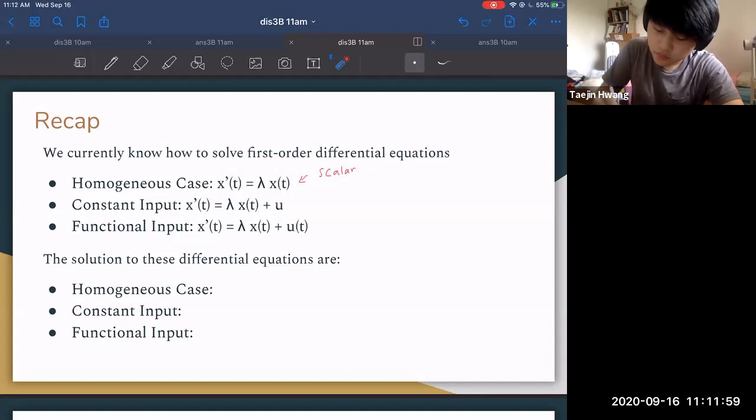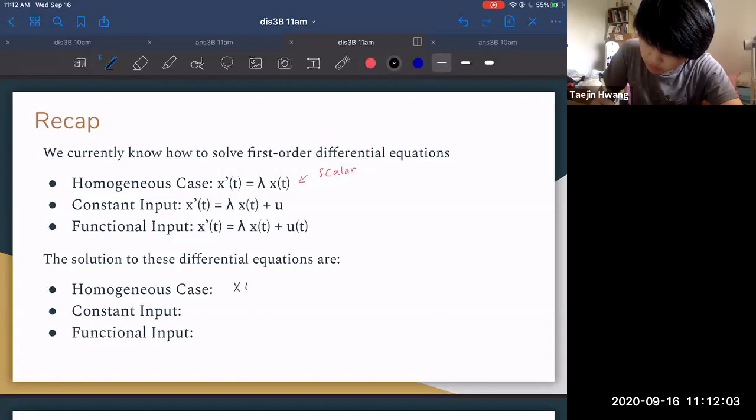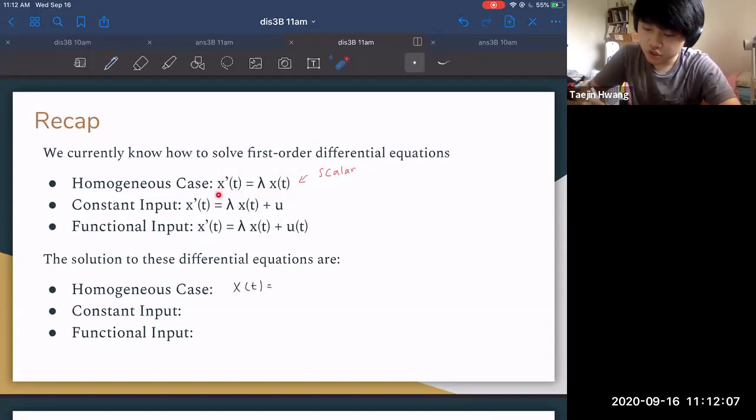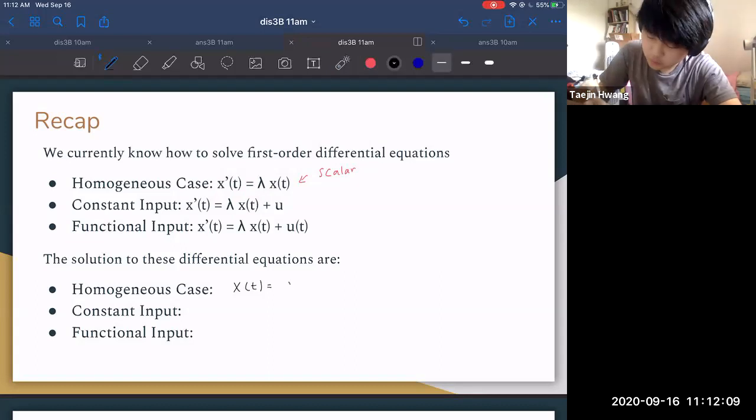And just to recap these solutions, you might remember now that if we have a homogeneous differential equation, the solution is going to be of the form x of 0 e to the lambda t. We have a constant input. We're able to write the solution as follows.